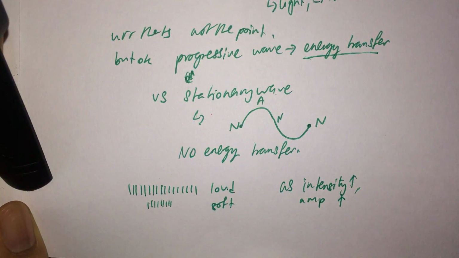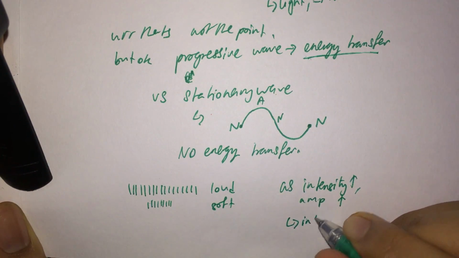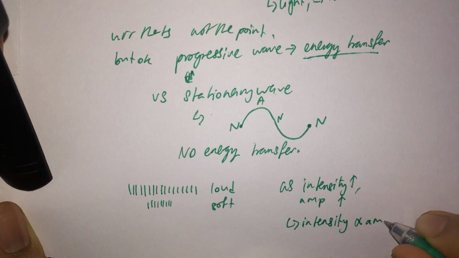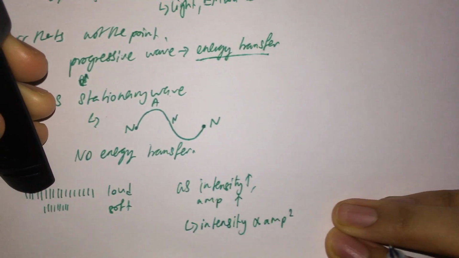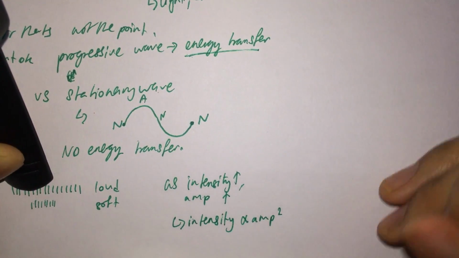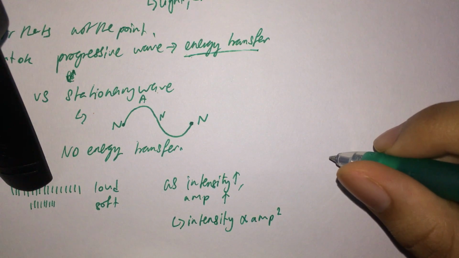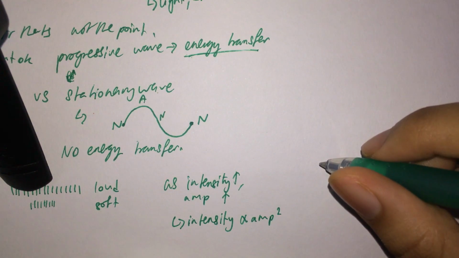It is that intensity is proportional to the square of amplitude. Why is this the case? Well, I guess the fact that intensity increases with amplitude is pretty obvious, but the fact that it's a square law would be because of the way that waves transfer.